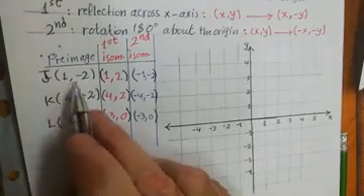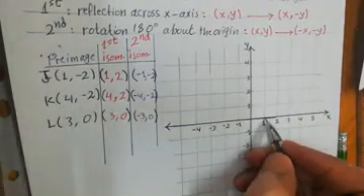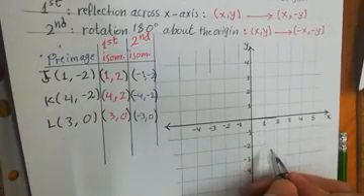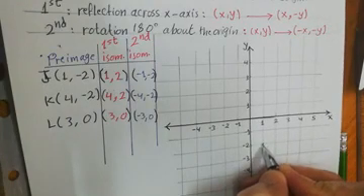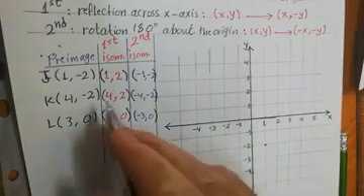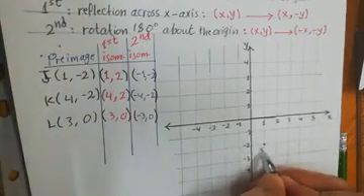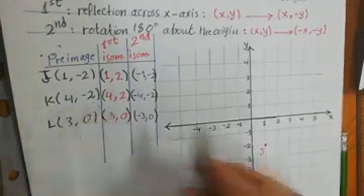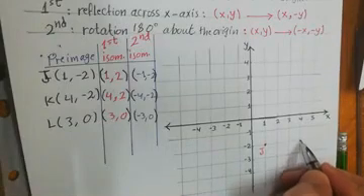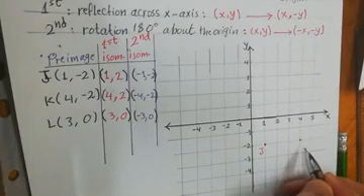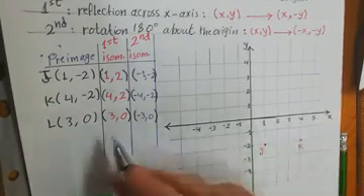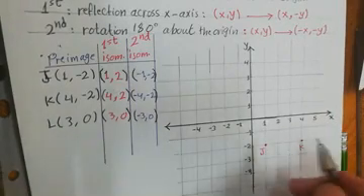Now I will draw these shapes. J is (1, -2), K is (4, -2), and L is (3, 0).